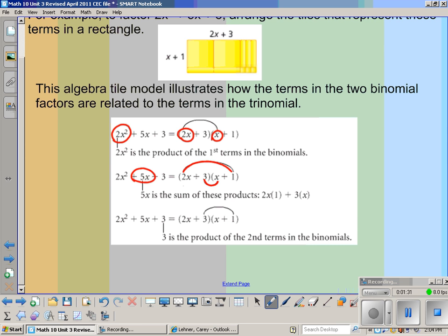If you add those together, you will get the middle term, and that is always the case. The last term is the product of the last two terms in the binomials. And again, that will work every time. So what the algebra tile model does is it shows you how each part is related.